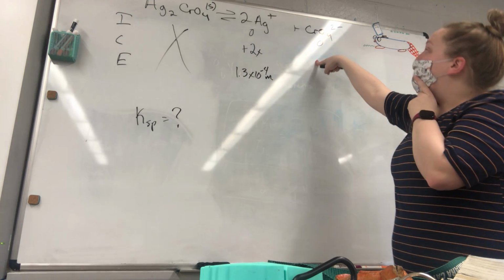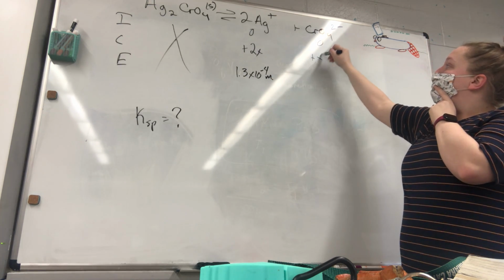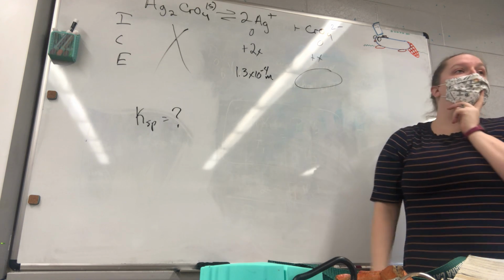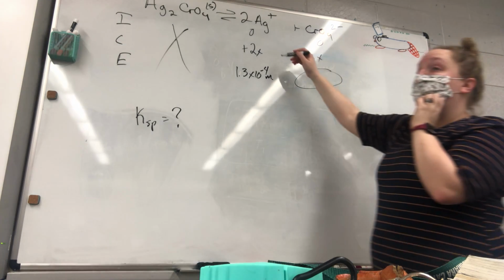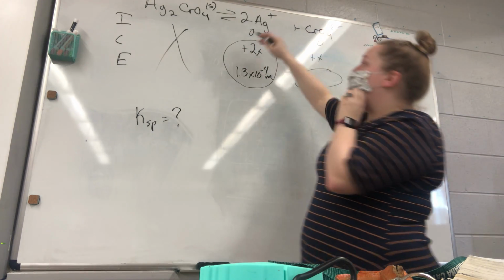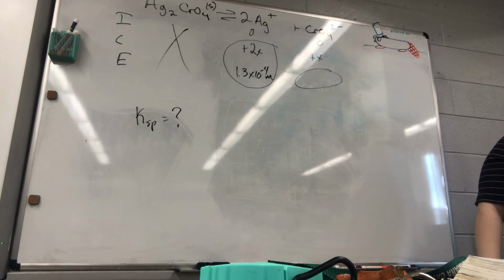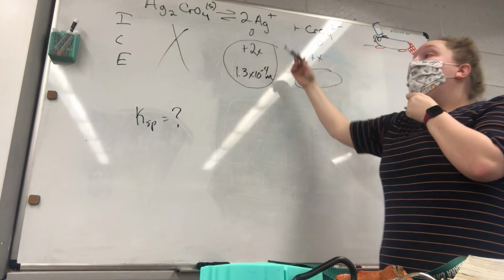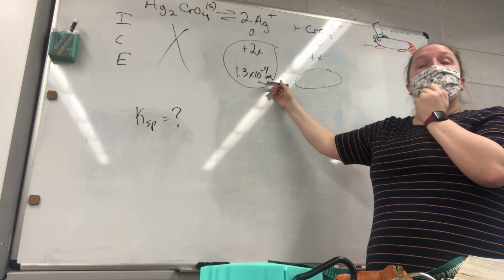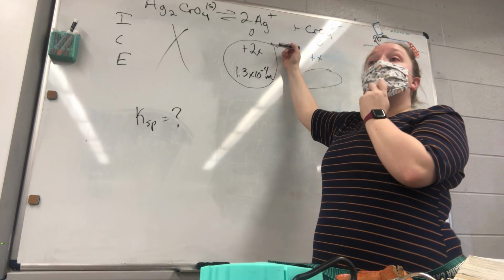All right? What happens over here? We don't know this, right? That's okay. We'll get there. We have a way of figuring it out, don't we? How do we figure it out? We're going to take that molarity we were given at equilibrium and divide it by 2. Because we know that the change from 0 up to that final molarity at equilibrium is going to be a change of 2x.